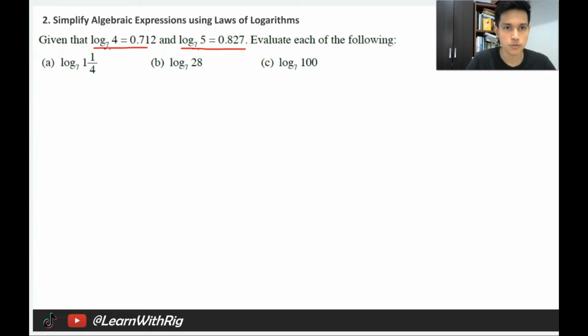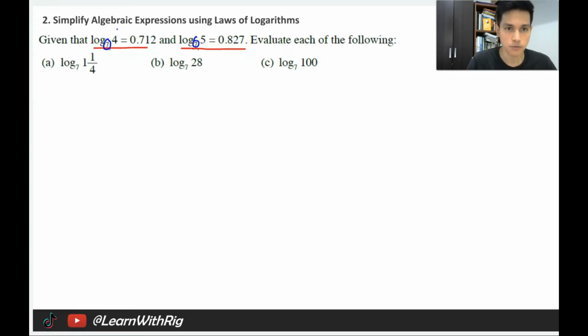First thing you notice is what? Base 7, correct? All of these are base 7. That's good news, you don't have to change the base, because everything is already the same. The only thing you have to change is the value here, because you don't have this value. You only have log 4 and log 5.